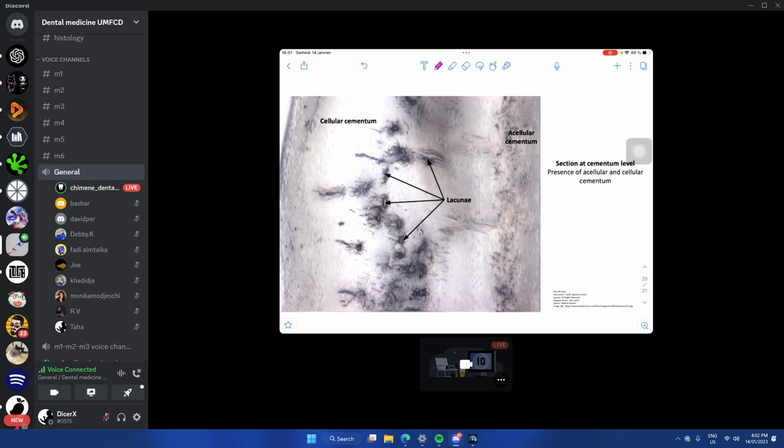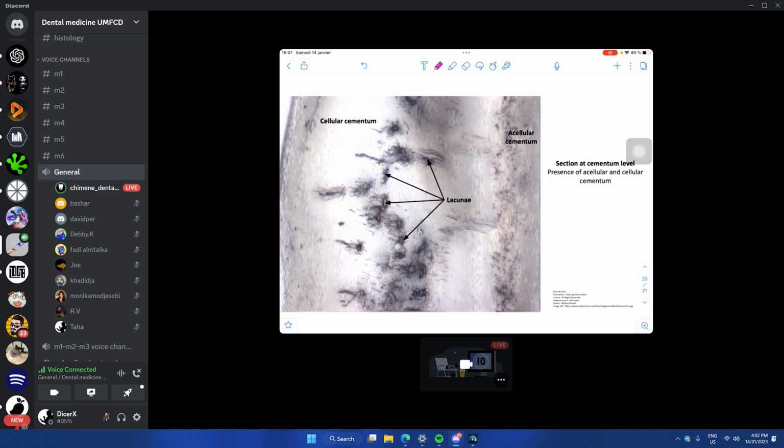You have seen that the roots are covered by something like hard tissue. This hard tissue is the cementum. We have two types of cementum, the cellular and the acellular. The cellular cementum is relatively thick and covers the apical half of the root, okay.